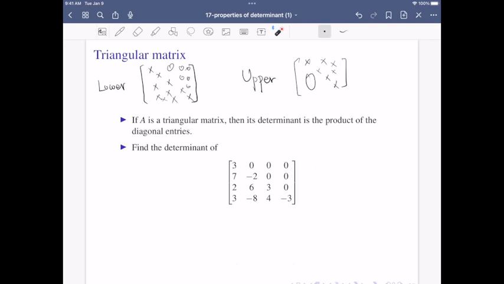However, if you look at everything above the diagonal entries, that is 0, 0, 0, everything is 0. So this is a lower triangular matrix. In other words, its determinant is given by multiplication of the 4 numbers on the diagonal.